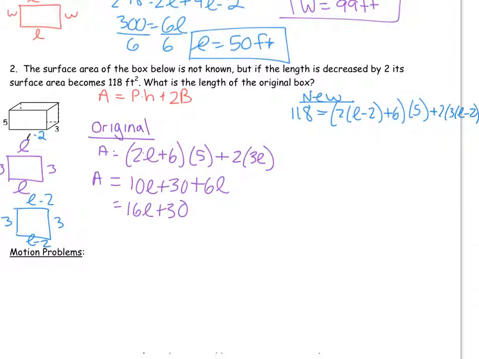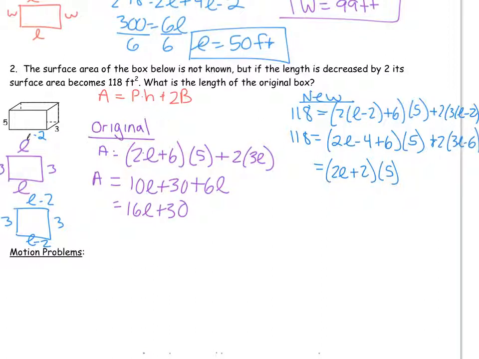So now I'll do some more simplifying. So I've got 2L minus 4 plus 6 times 5. That parenthesis is going to simplify to 2L plus 2 times 5. And then for the area of the base, I've got 2 times 3L minus 6, which is going to give me 6L minus 12.